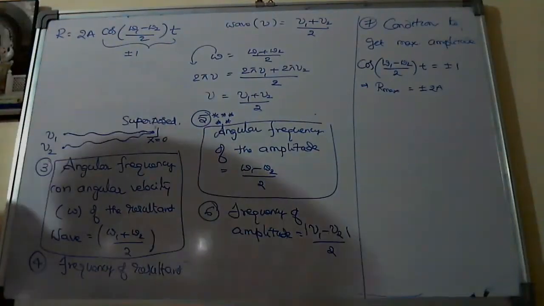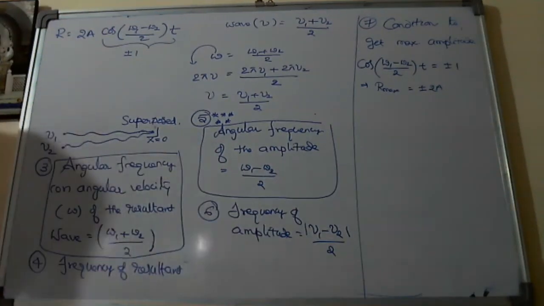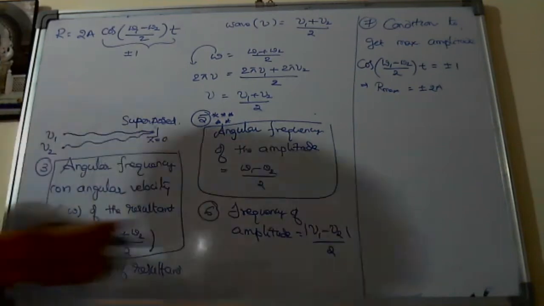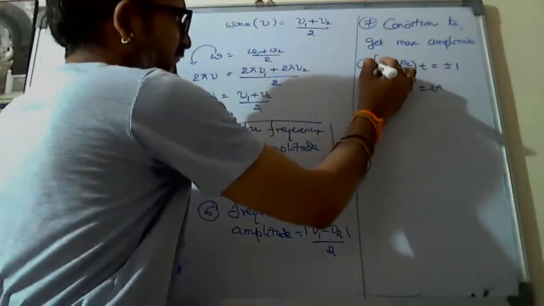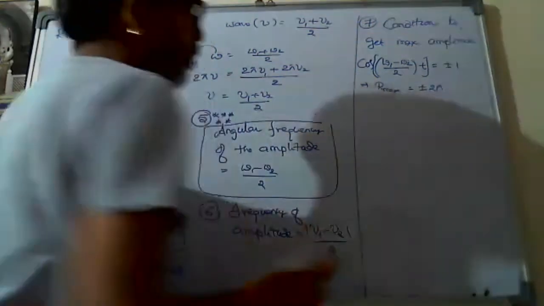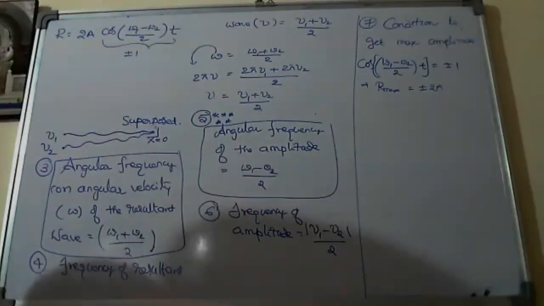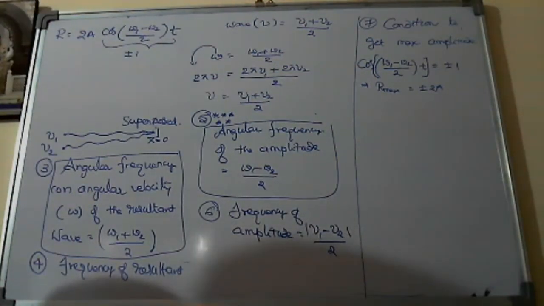From that, you can say what cos theta equals plus or minus 1 means for the values of theta.